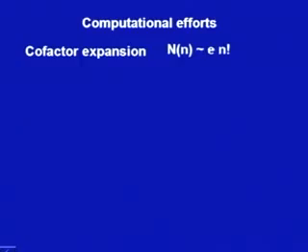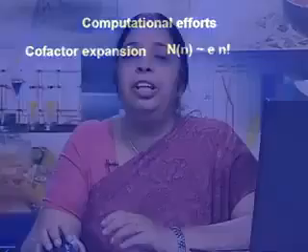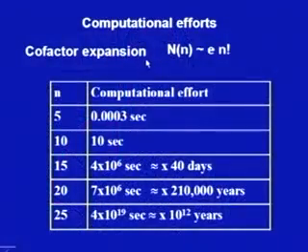Now let us try to have some idea about the computational effort involved in the matrices, because matrices are used extensively in engineering and scientific applications. If we use the cofactor expansion to evaluate the determinant, then the computational effort is of the order of factorial n.